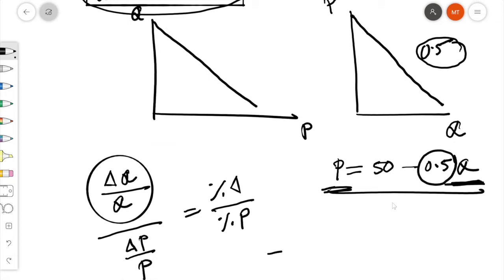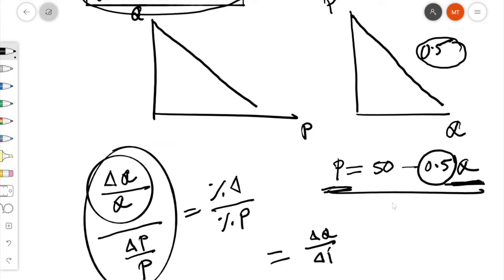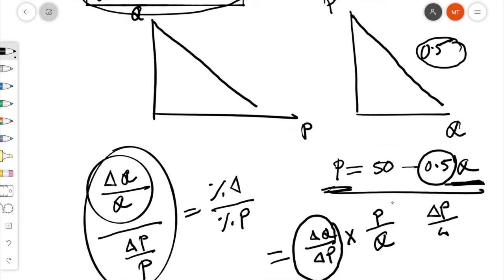For example, if we take this definition, change in quantity divided by change in P multiplied by P divided by Q. So we can say that elasticity is the change in quantity divided by the change in price multiplied by the price to quantity ratio, whereas the demand curve slope is the change in P divided by the change in quantity, which is the inverse of this one.